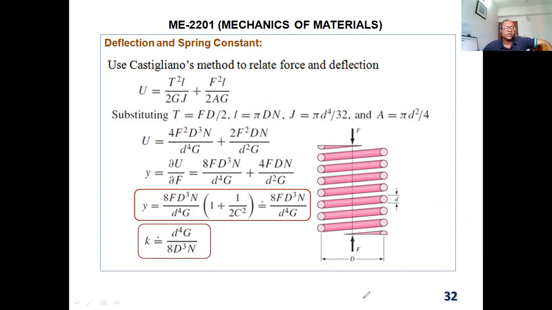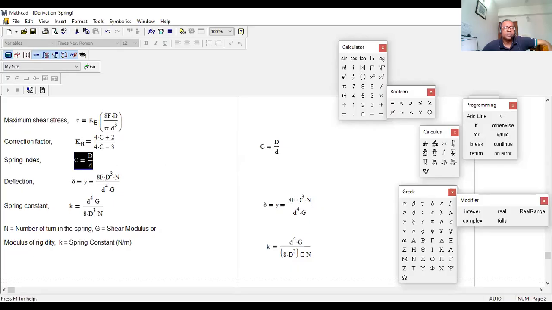So that we did. We just put over here the deflection of the spring. So deflection of the spring delta equals 8 F D cubed N over d to the 4 G. Now, how will you figure out the spring constant?